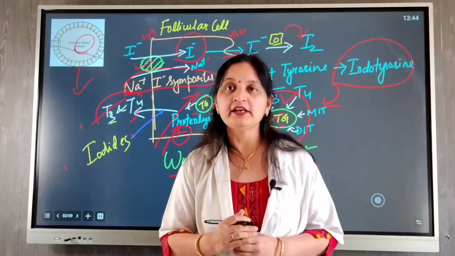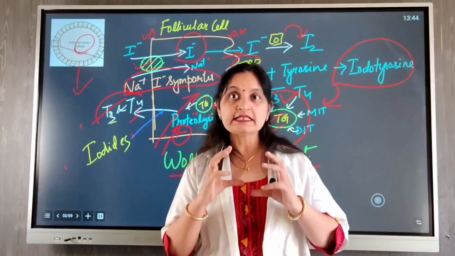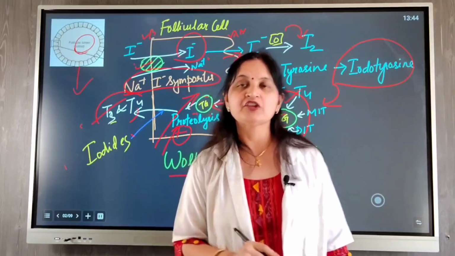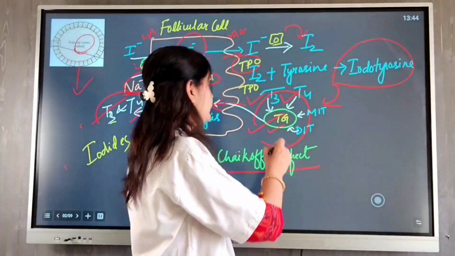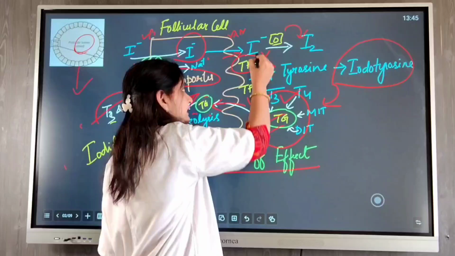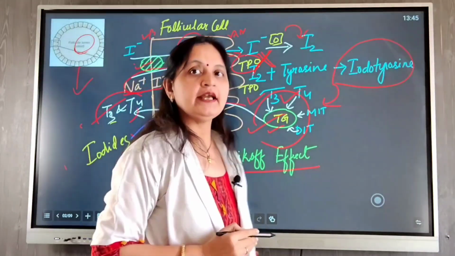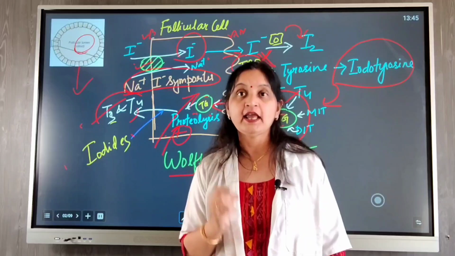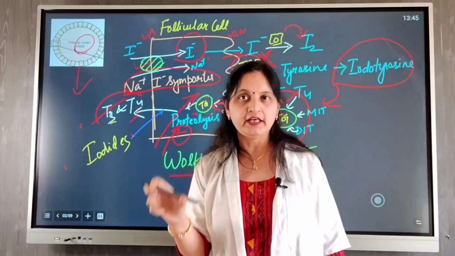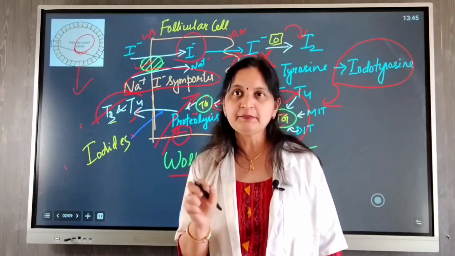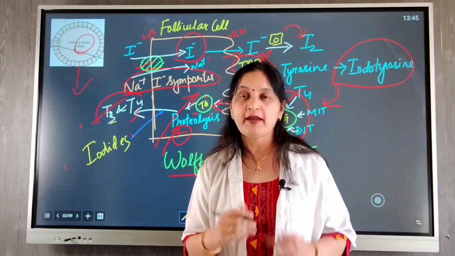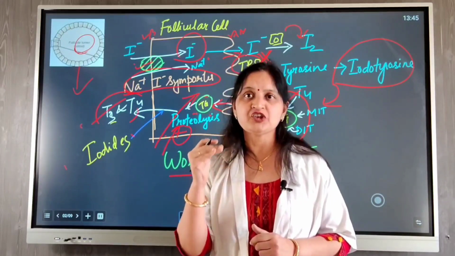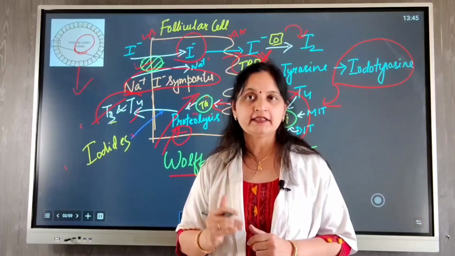Through an auto-regulatory mechanism, it controls the synthesis of thyroid hormones by inhibiting the thyroid peroxidase enzyme, and this happens in normal individuals. We know that thyroid peroxidase is responsible for oxidation, iodination, coupling and the synthesis.